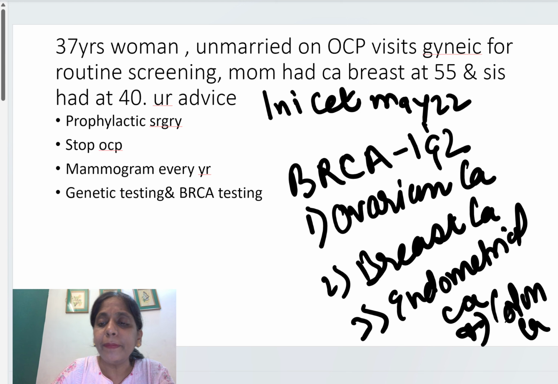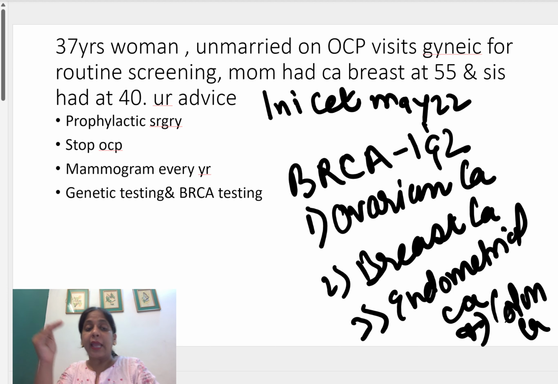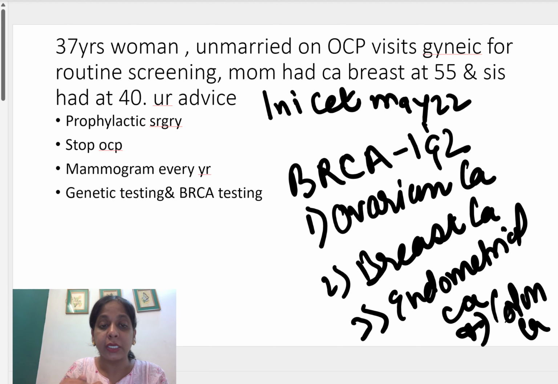So if any patient with an ovarian mass is coming to you, then you are going to ask that patient whether your first degree or second degree relatives are having any of these cancers or not. If that patient has inherited the BRCA gene mutation, then a first degree or second degree relative must be having one of these cancers.